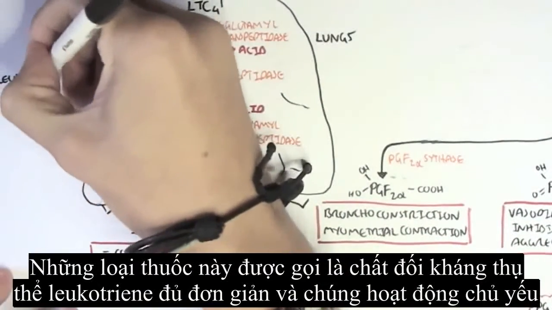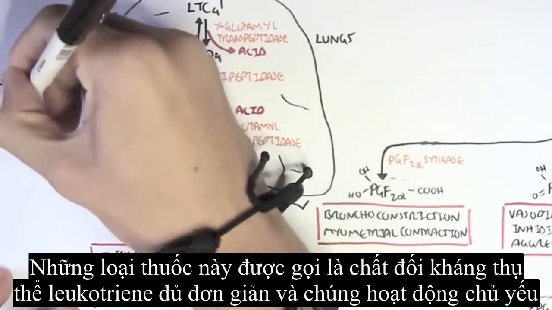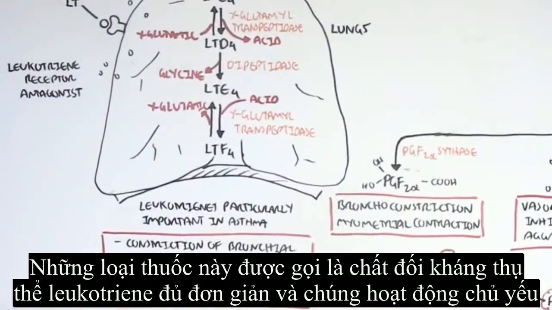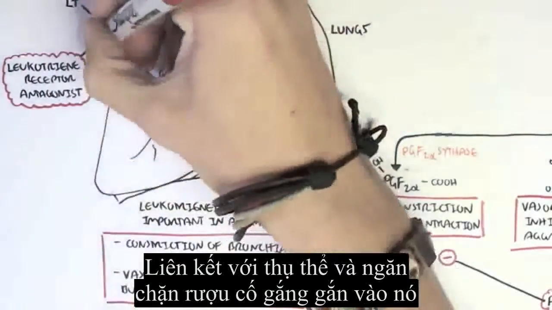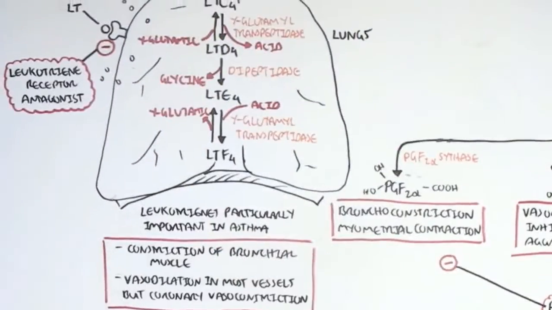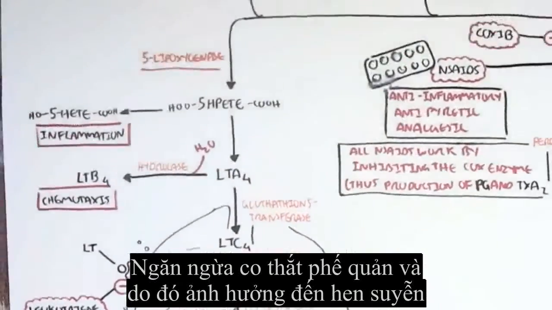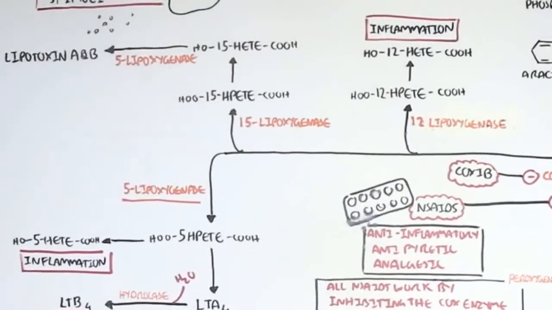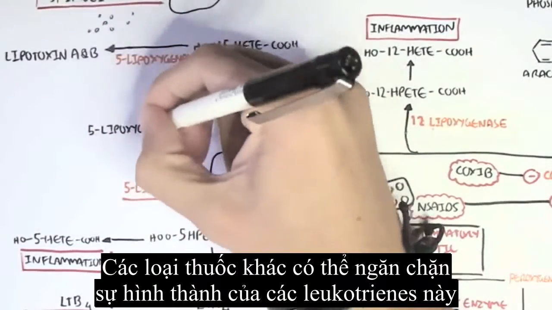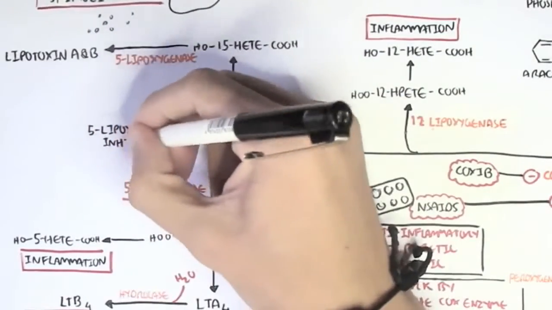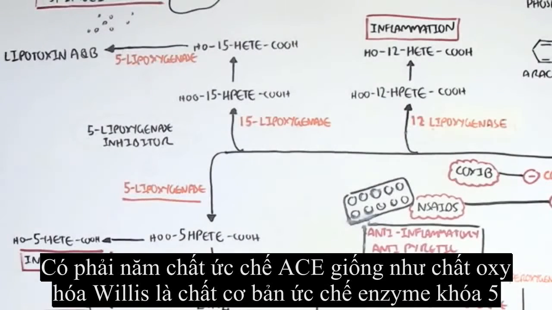These drugs are known as leukotriene receptor antagonists, simple enough, and they work by essentially binding onto the receptor and preventing the leukotrienes from attaching to it, thus preventing bronchial constriction and therefore the asthma effect.